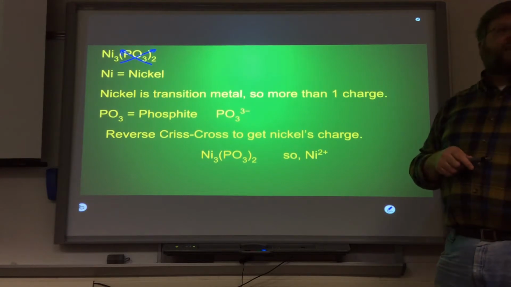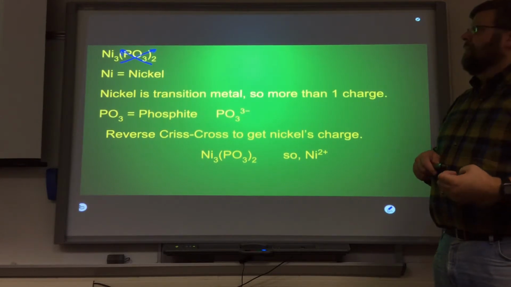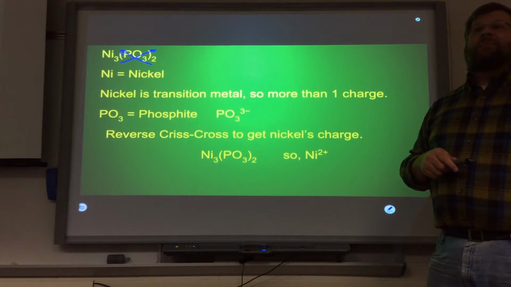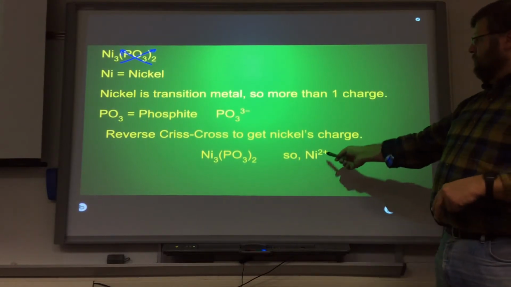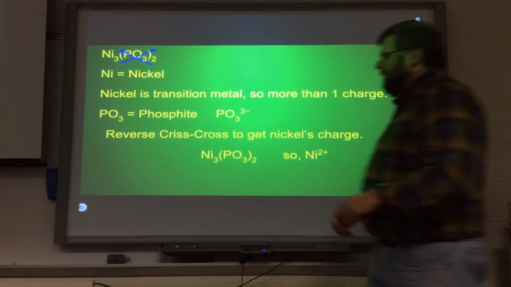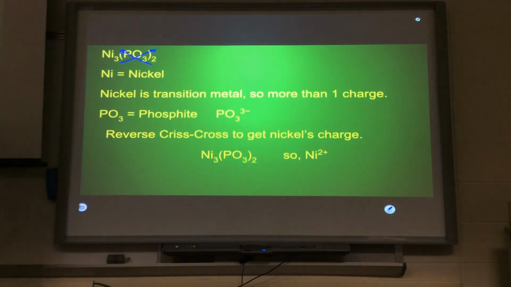So I have 2 phosphites, that's a total of -6. My nickel must be a +6 altogether, and there's 3 of them, so +6 divided by 3 is 2. It's 2. There it is. So I go to name this, it's going to be nickel(II) phosphite.